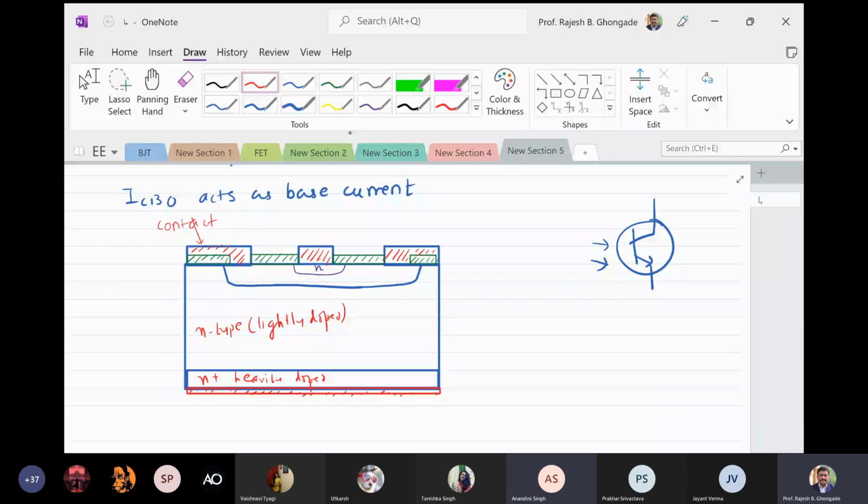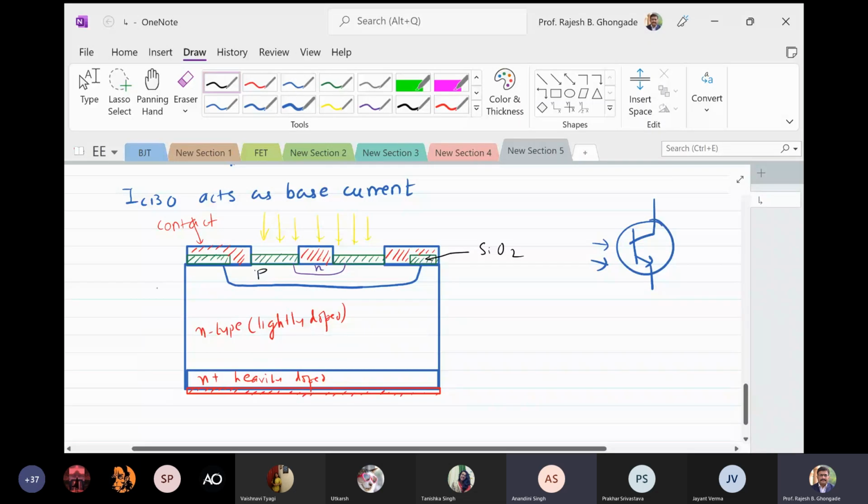So again you have light falling here. Again, this green area is the SiO2 layer. This is P, which is the base.